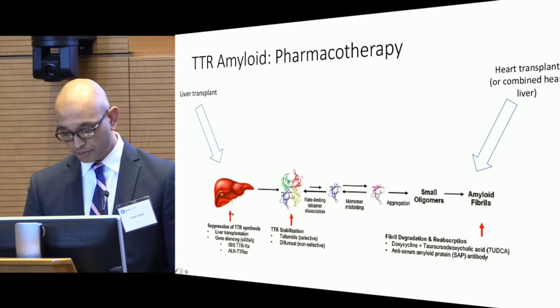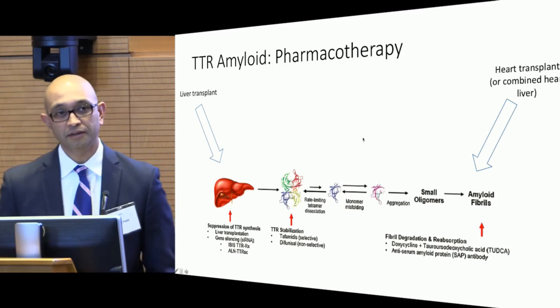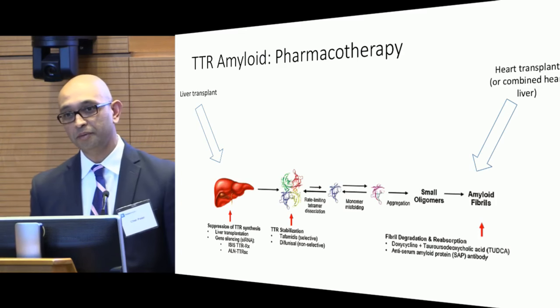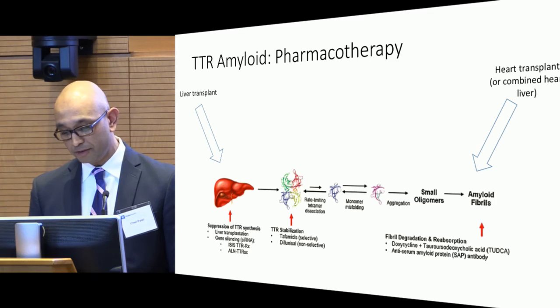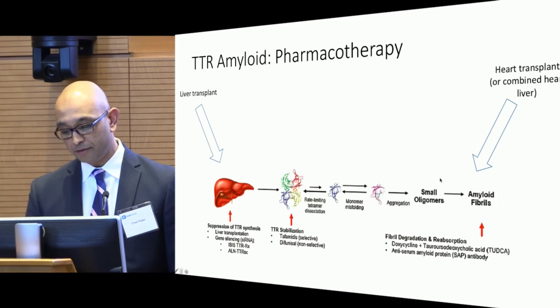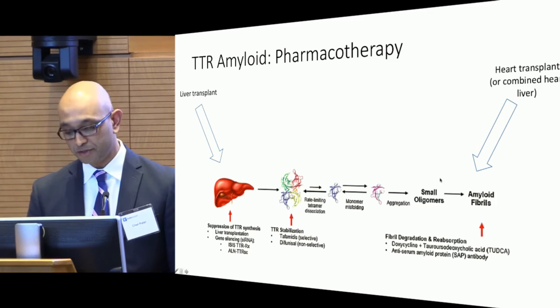But there appears to be a lot of space in between where novel pharmacotherapy might actually be playing a role. And recently, there have been developments in agents that may actually mitigate development of amyloid fibrils and their deposition.